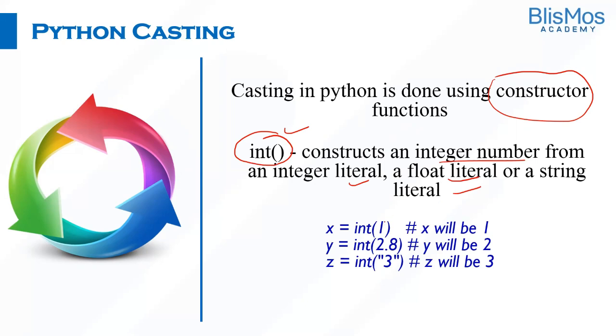If you see here, int of 1 becomes a 1. int of 2.8, even though it is a float, will round this off and store it as a 2. And in this case, 3 is given in double quotes, which means it is ideally a string. Since we are using an int constructor, this will become 3.